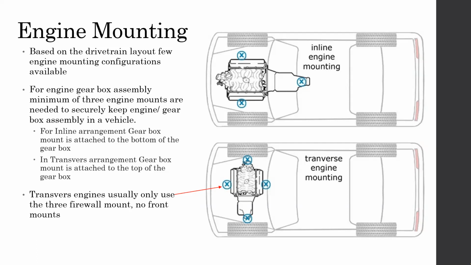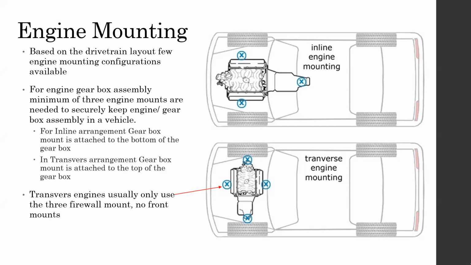These absorb vibrations and harshness, or what we call harshness reduction. To do that, these mounts are there. Even though there's no particular location for them, because of the weight and everything, there are a few standard practices used by most manufacturers to place them. That's what we're going to discuss here.